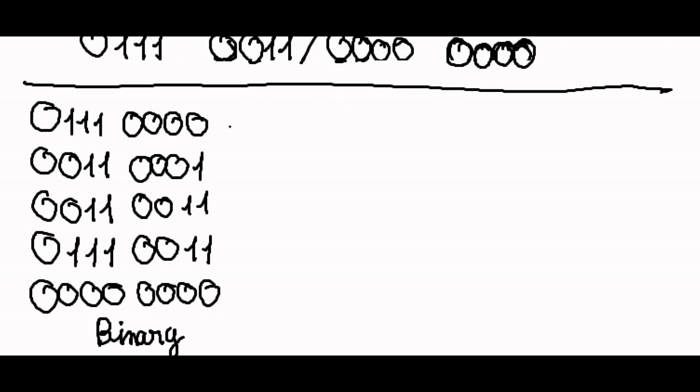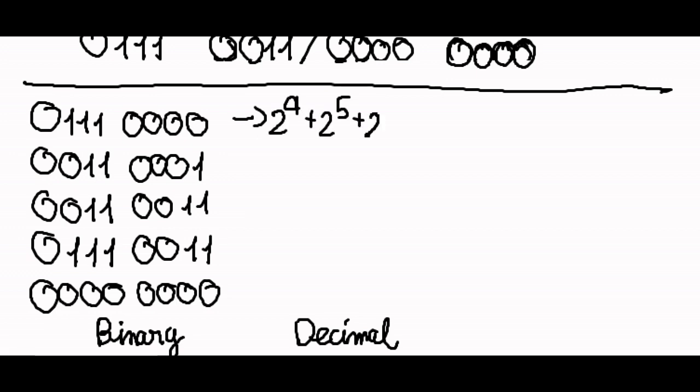So from binary to decimal, let's write it down here. Decimal. Now we can see that there is a 1 at the 4th, 5th, and 6th location, and so we can basically write 2 to the power 4 plus 2 to the power 5 plus 2 to the power 6.